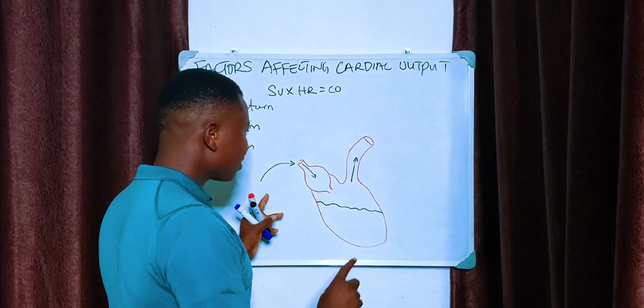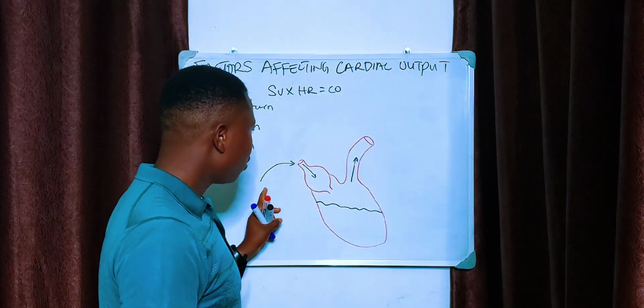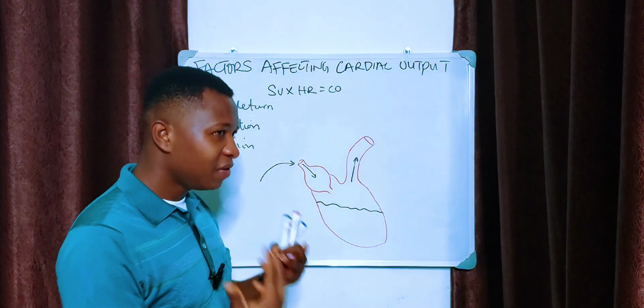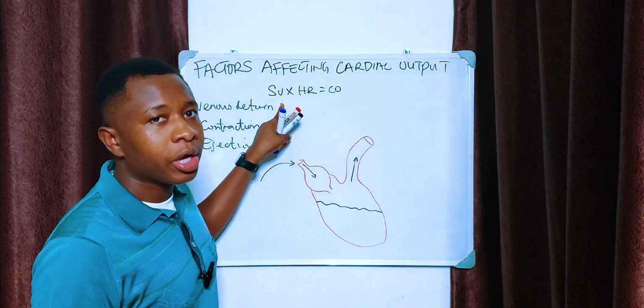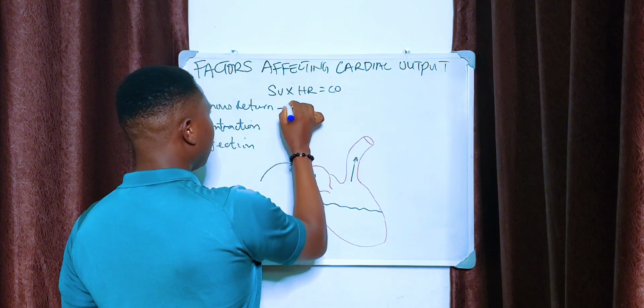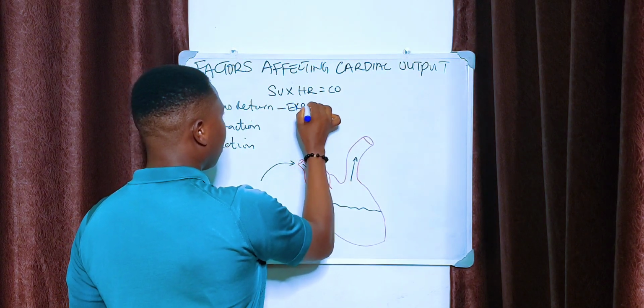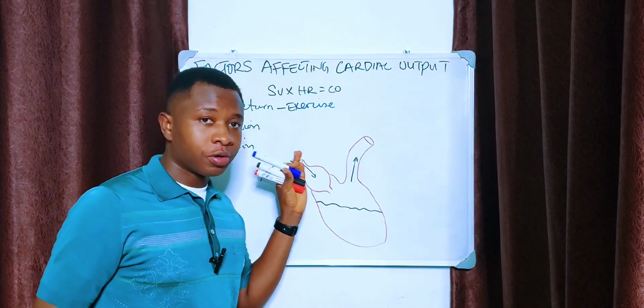The blood that moves to the heart when you exercise is higher, and when the blood that moves to the heart is higher, it will definitely affect your stroke volume. So that is one. Exercise will affect venous return.